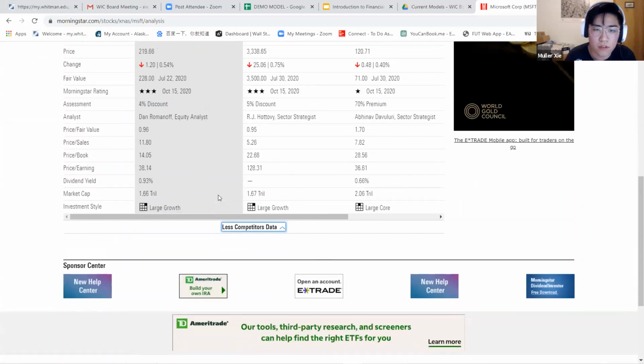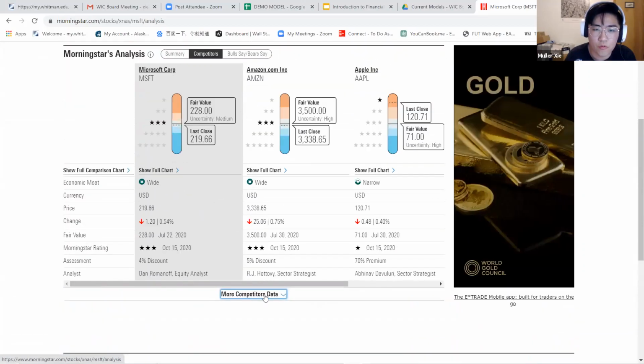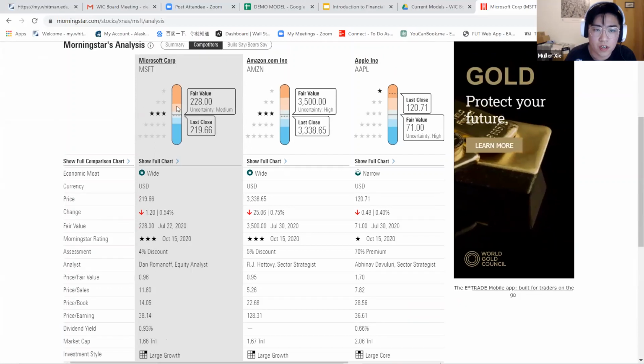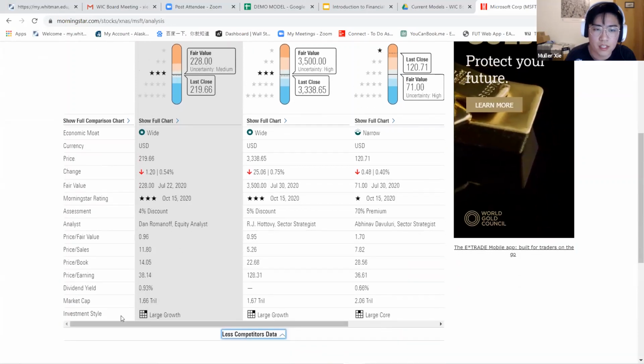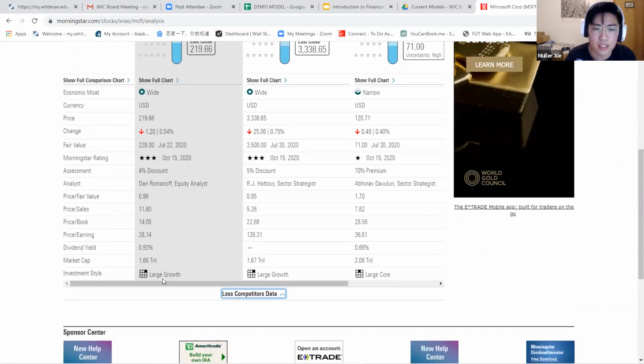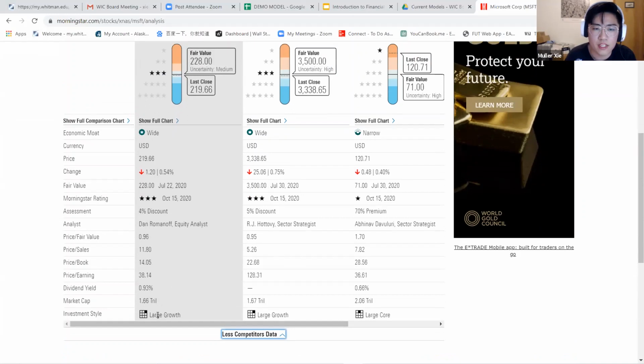If you click on show more about the competitive data, here is Microsoft. It will give you some information about the type of company that Microsoft belongs to. Here you can see that large means that the market capitalization of the company is relatively large compared to other companies in the market. And it also tells you the style of the stock, which is a growth stock here.